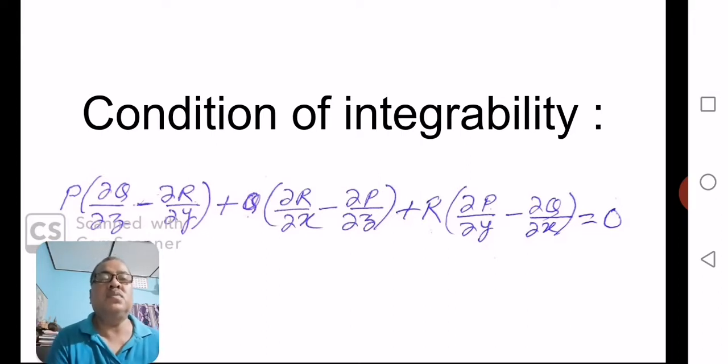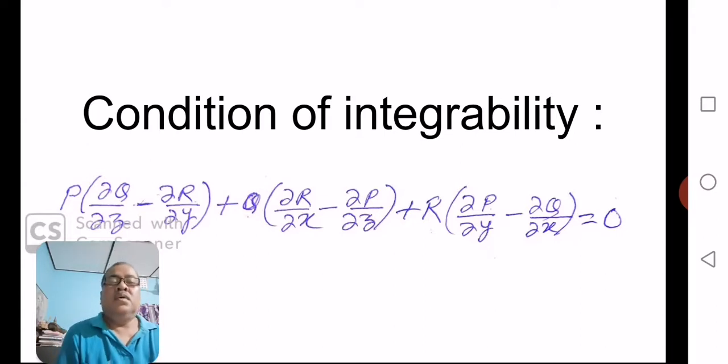To find the condition of integrability, we assume u equal to constant is a solution of the standard total differential equation, that is, p dx plus q dy plus r dz equal to 0. Now we can compute del u by del x, del u by del y, and del u by del z.